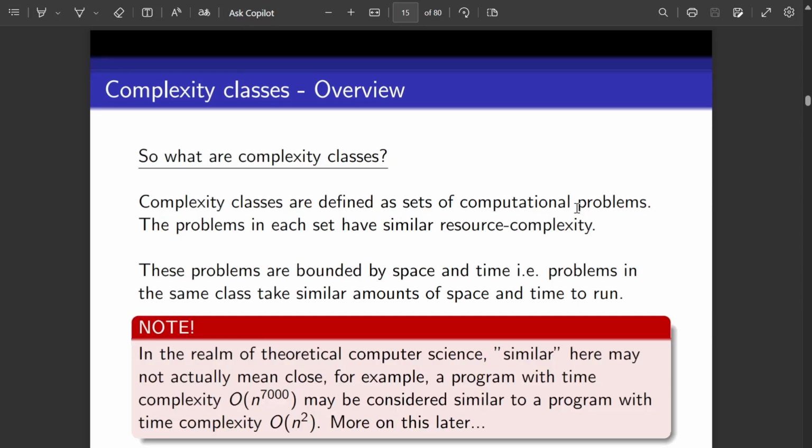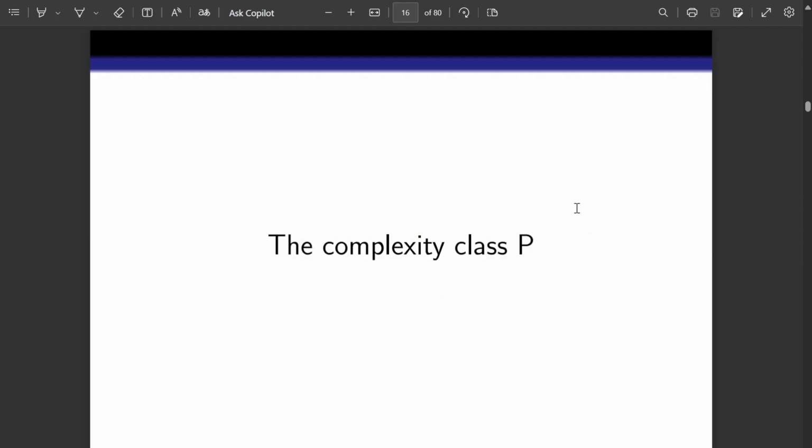But just note, similar doesn't necessarily mean close. A program that runs in O of n to the 7,000 might be considered similar to a program that runs in O of n squared. More on this right now.